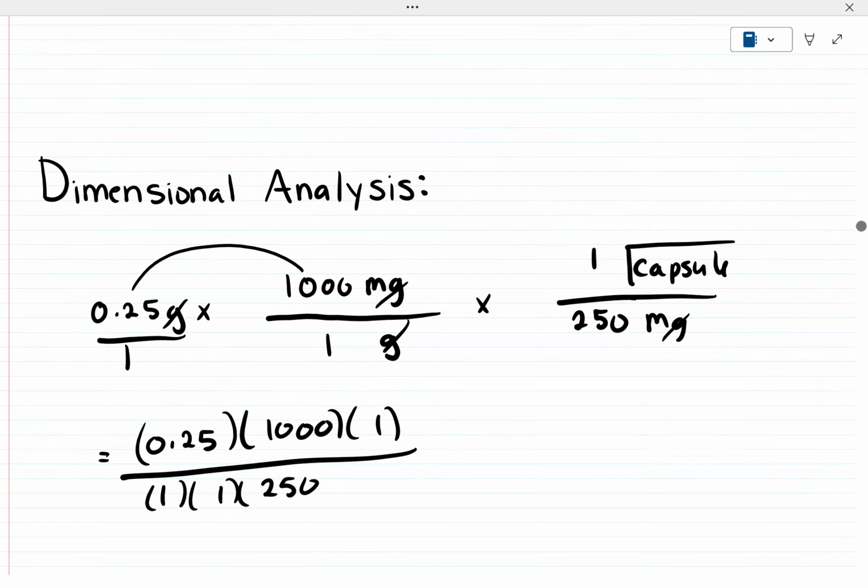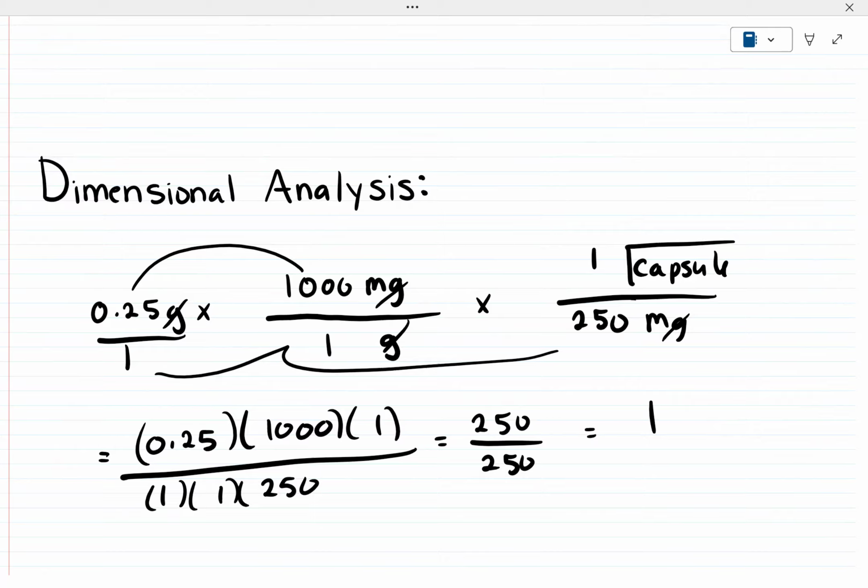On the bottom it's 1 times 1 times 250. Put it all together, the numerator is 250 and the bottom is also 250, and that gives you one capsule. It said round to the nearest tenth, but remember we don't include trailing zeros, so one capsule is perfect.